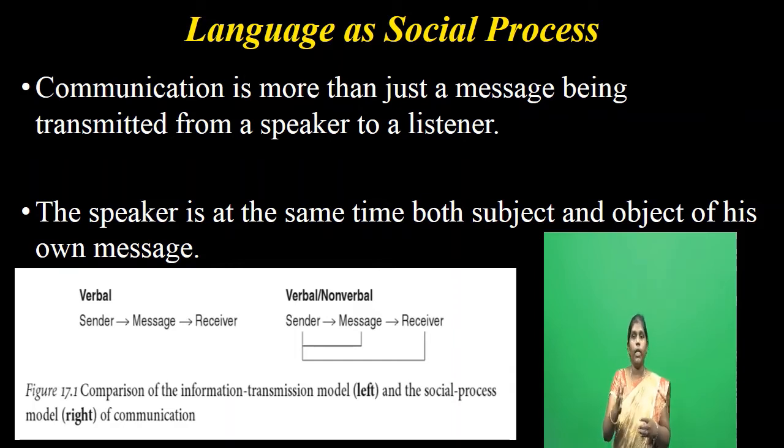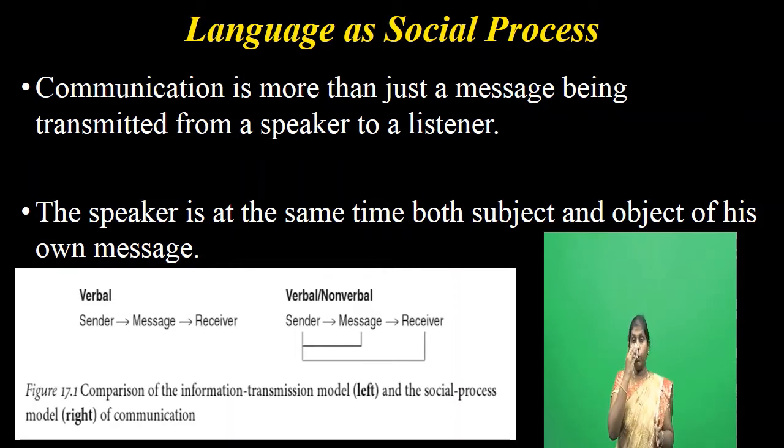That is why here we have the linear way of communication, that is the sender sends a message to the receiver. It is one way. This kind of communication is not applicable in CLL. On the other hand, the sender sends a message and the receiver receives it. The very important thing is the receiver should give feedback to the sender whether the particular person has understood it or not.